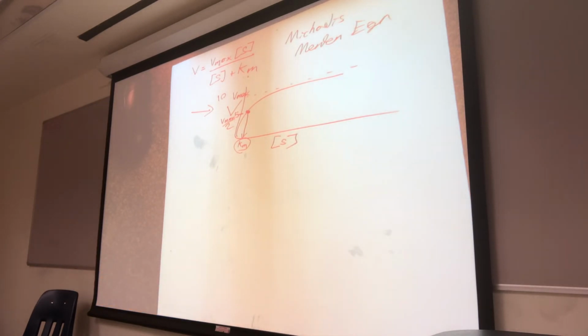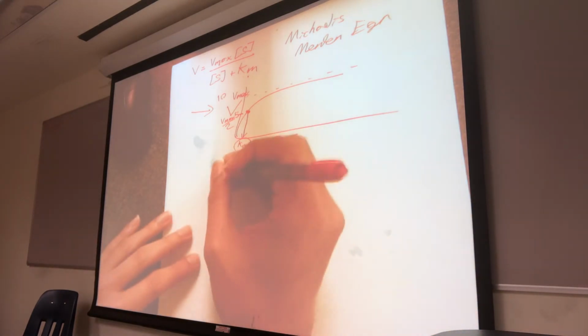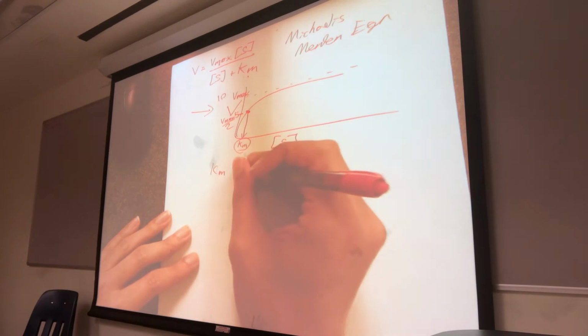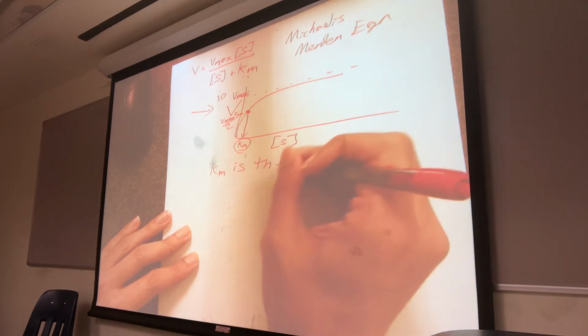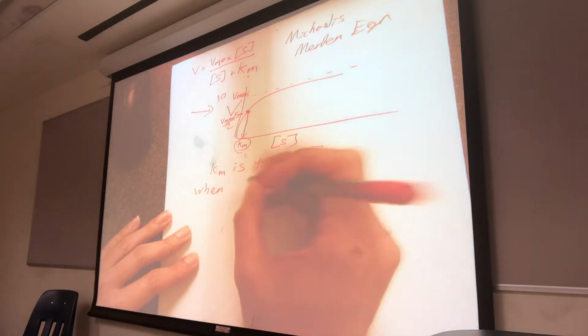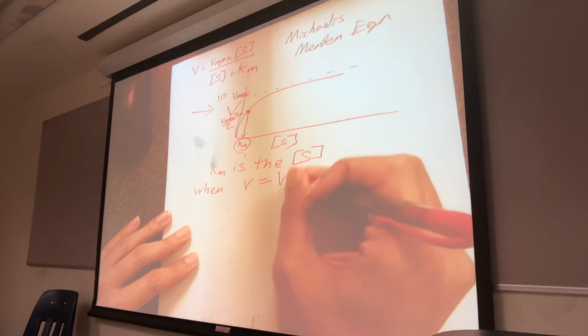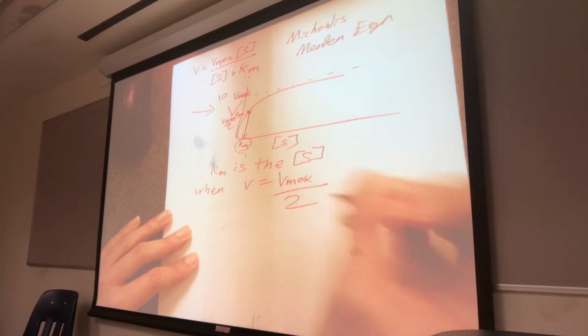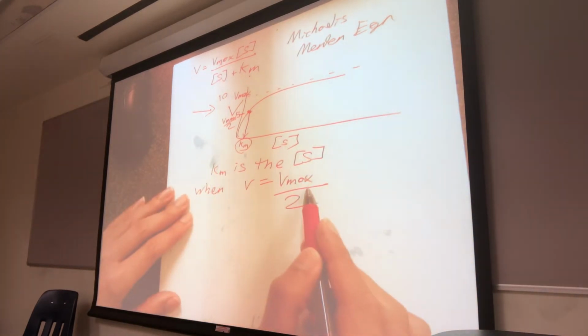The reason why that is, and I used to teach people this second method, but people would always get confused about it, is that Km is the substrate concentration when the speed is half the maximum. Okay, it does not mean Km is equal to Vmax over 2.